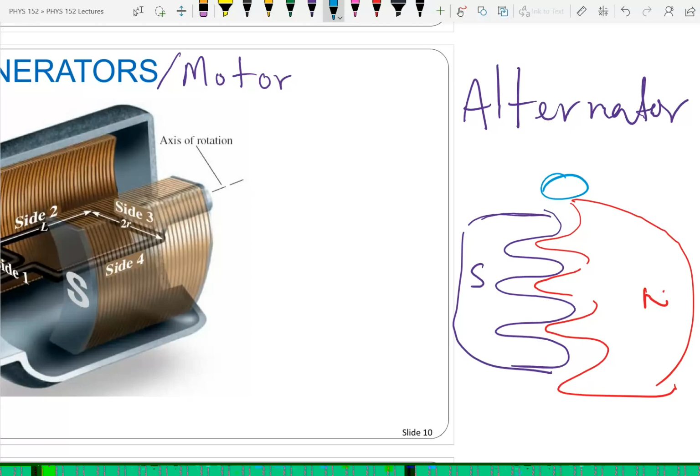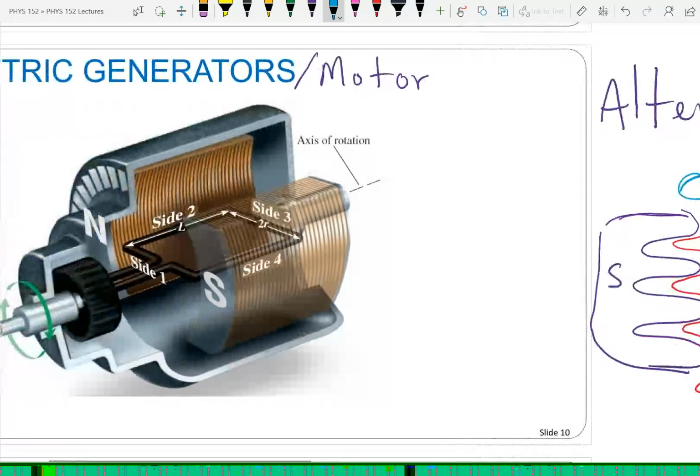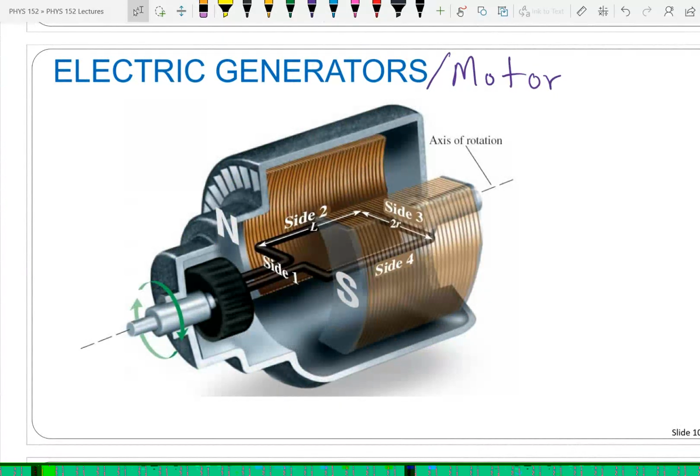So as far as the forces, you're putting a lot less strain on those coils than you would in a generator, so it's more robust. So it's more efficient at generating power, it's more robust, but an alternator cannot work as a motor. So that's why you have alternators in your cars rather than generators.